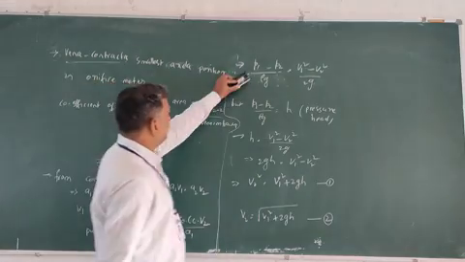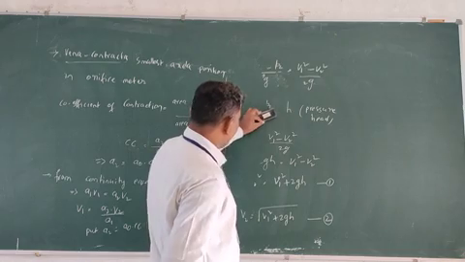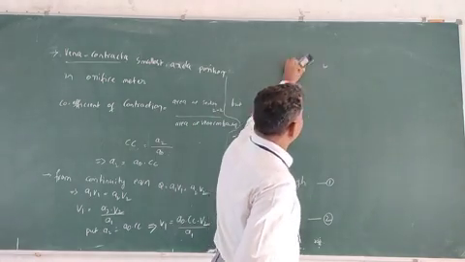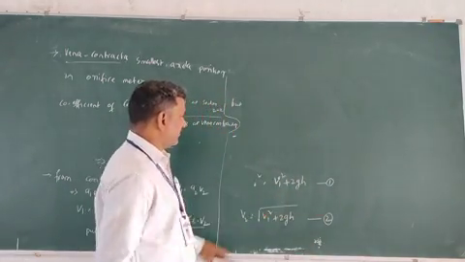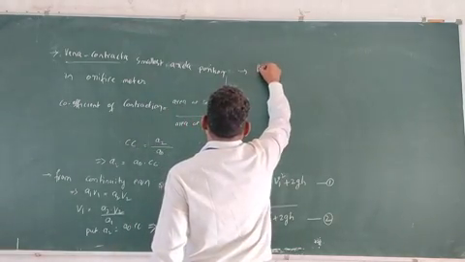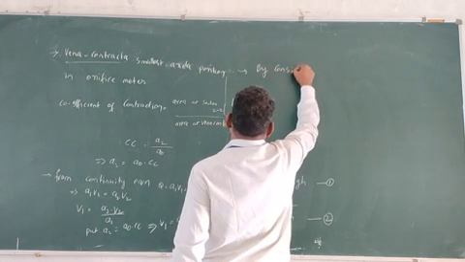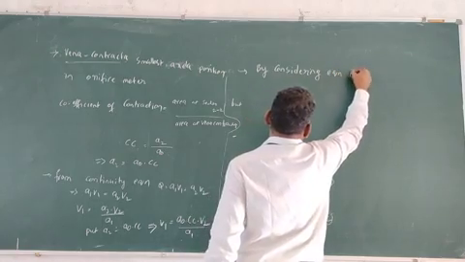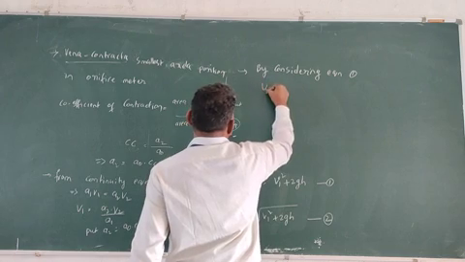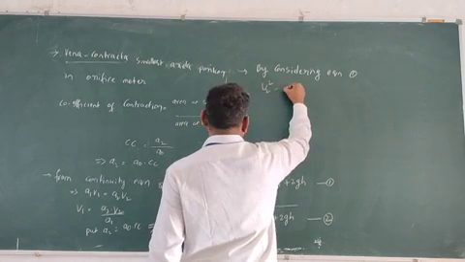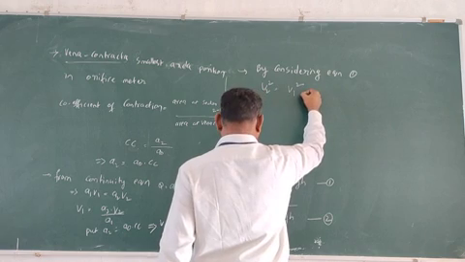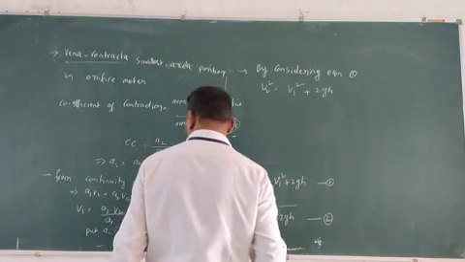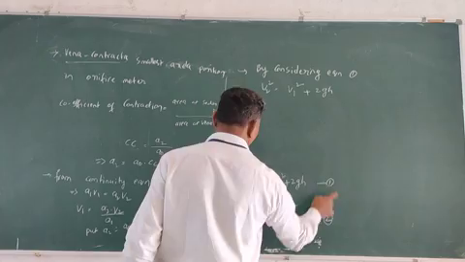Okay, let us consider equation 1: V2 square is equal to V1 square plus 2gH.